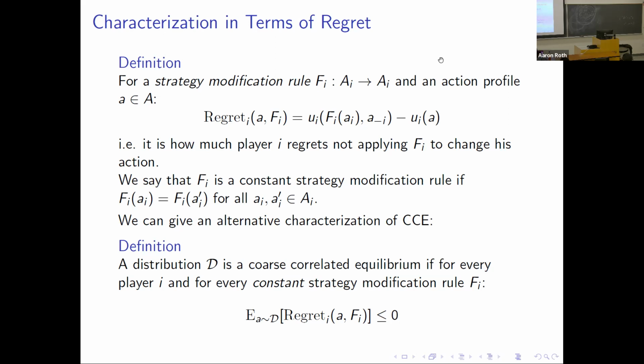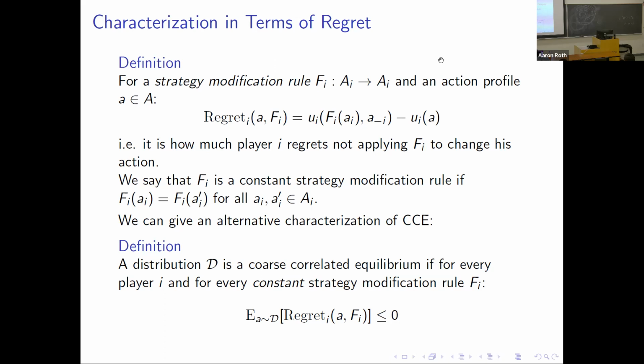And also you're better off following the correlating device than always playing action 2. So it's the same definition from before. You're better off following the correlating device than doing any fixed thing that is independent of the correlating device. The fact that it's a fixed thing is encoded in the fact that here we're just thinking about constant strategy modification rules.